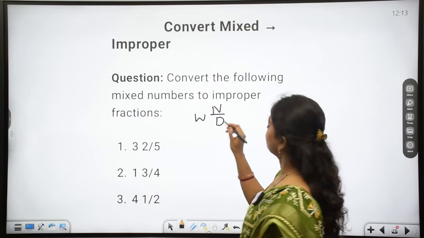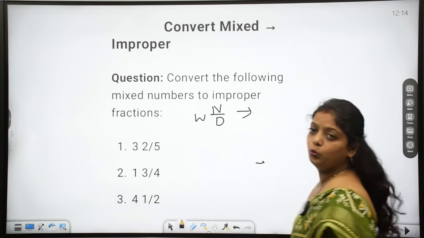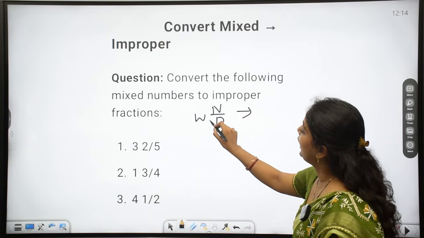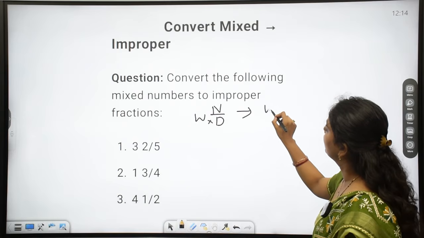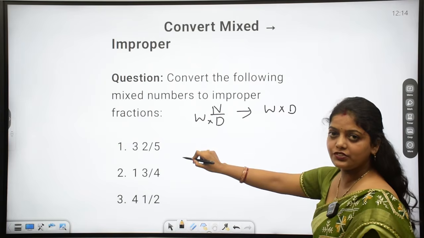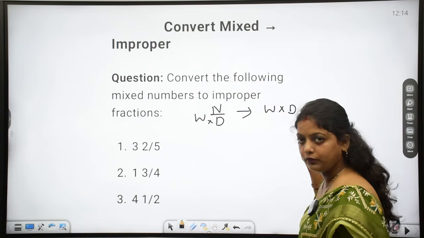Here what we do, we multiply this whole and the denominator. This is the rule of converting a mixed fraction into an improper fraction.